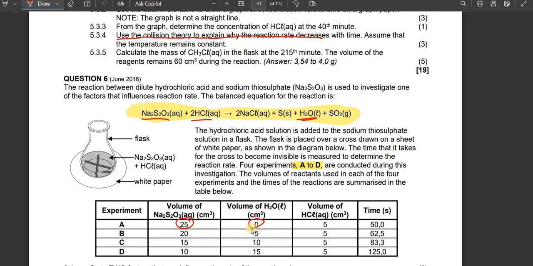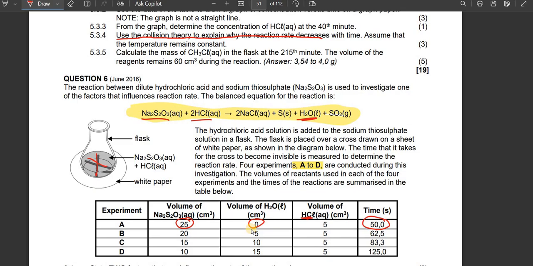But as time proceeds, remember now you are measuring the time it takes for the cross to disappear. The cross disappeared after 50 seconds. What was the volume of HCl when the cross disappeared now?